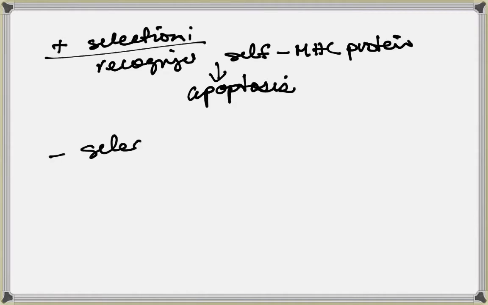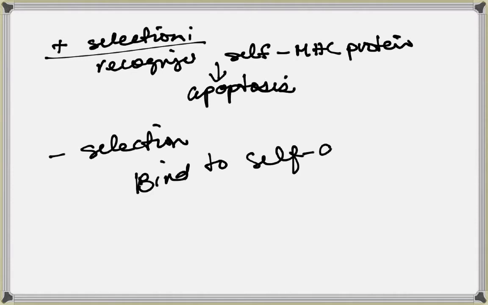They also have this negative selection process as they mature. And so they basically will, if they bind to their self antigen, they'll go into apoptosis.